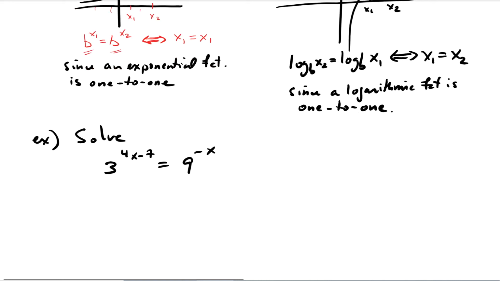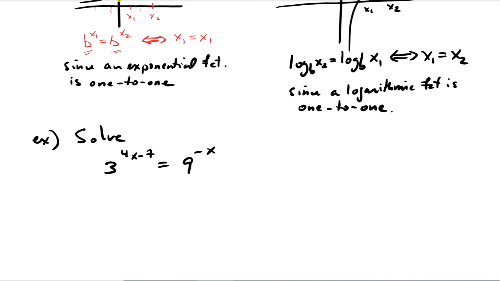If I can rewrite this in the form b to some expression and b to some other expression on the other side, so this is x1 and x2, the principle says I can equate x1 and x2, so sort of get rid of the base and just keep the exponents.